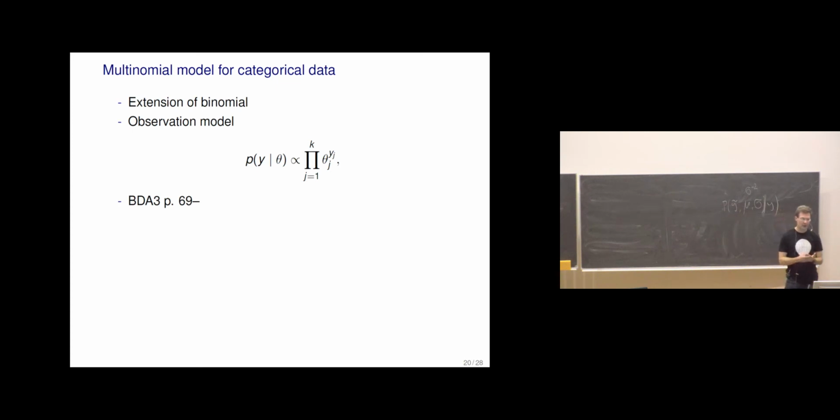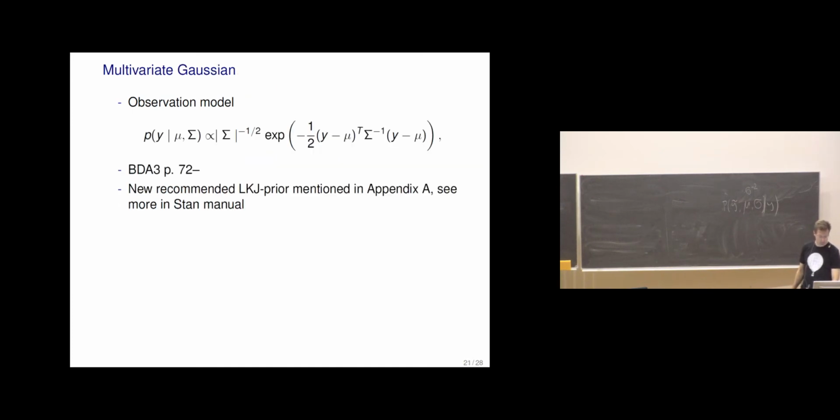Chapter 3 also mentions the multinomial model for categorical data. It's an extension of the binomial discussed last week, but you can read more in the book. Multivariate Gaussian you can again read in the book, and you will later also use multivariate Gaussian in some of the exercises, but in a form where you don't need to know these equations.